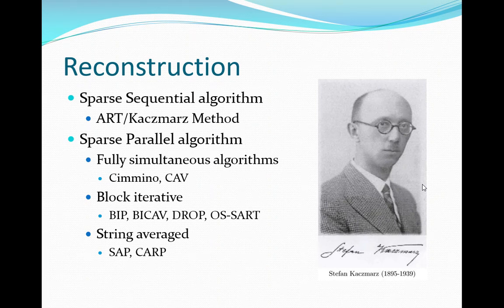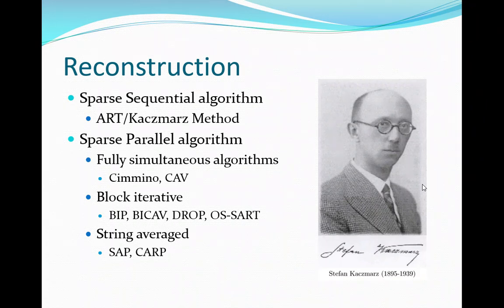So this is the ART method. It was rediscovered and called ART, so some people call this Kaczmarz's method in honor. It's very implementable as sparse. It's a nice parallel algorithm.